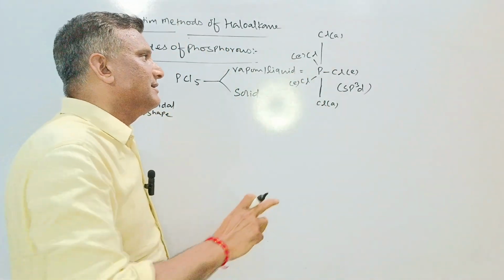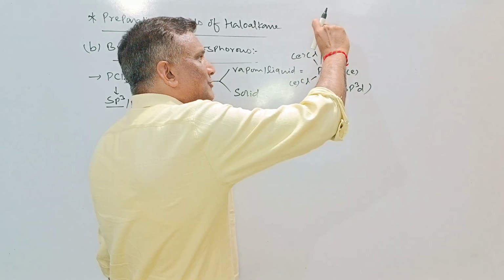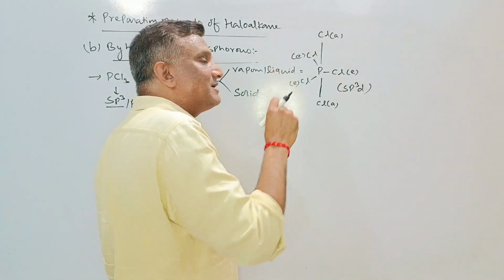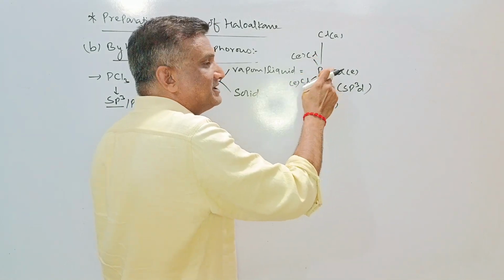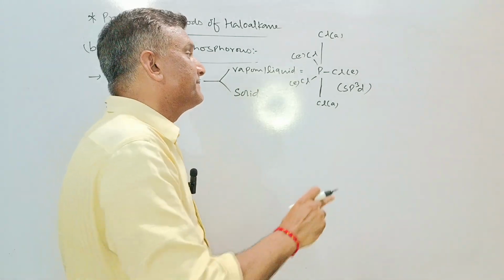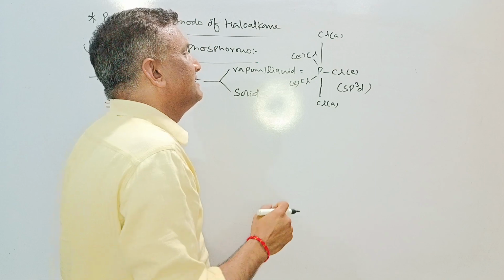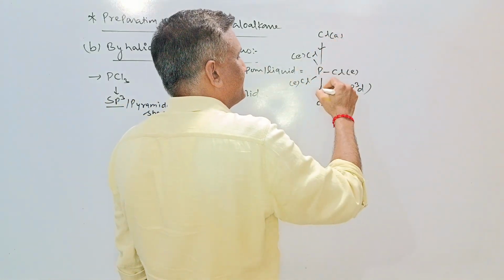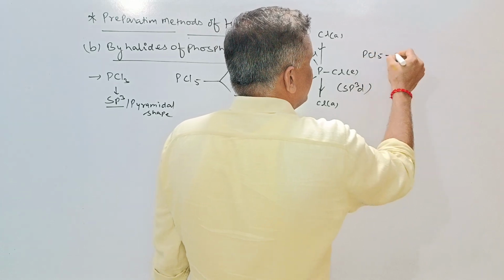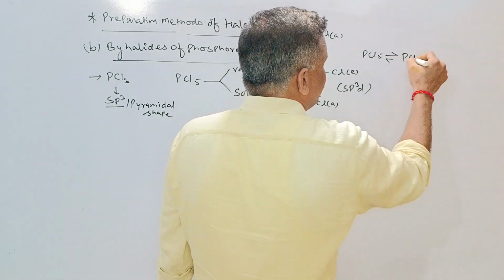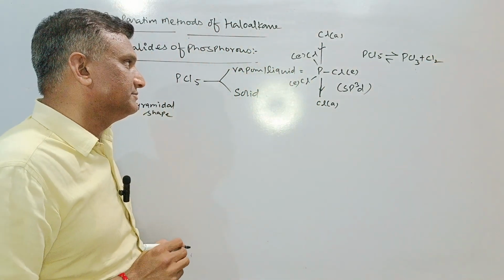The axial bond is longer than the equatorial because for the Cl along the upward direction there is no other Cl, so repulsion is less, whereas along the equatorial Cl there are other Cl, so repulsion is more, and the bond length is shorter, but the axial bond length is larger. No doubt these bonds will dissociate first. That's why when PCl5 dissociates it gives PCl3 and Cl2.